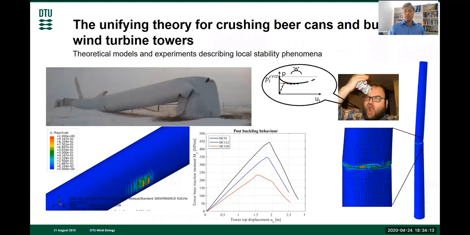Now, if you have ever stepped on an empty beer can, you will have realized that once the can starts to fold, it does not offer any resistance anymore to the force you apply with your foot, and it just continues crashing until it is very flat. And this, on the slide, you can also see, can be used to crush an empty beer can on the forehead without injuring yourself.